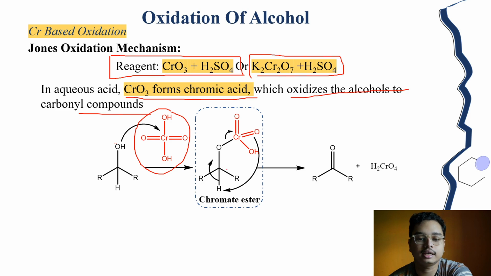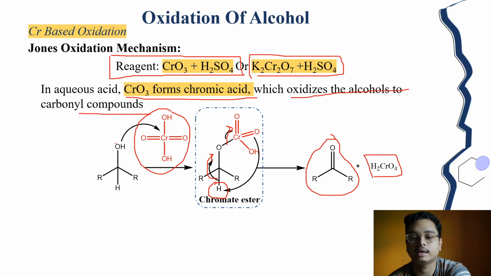After that, one of the oxygens captures this hydrogen, and this bond goes there, and the chromate ester breaks apart, the O-Cr bond breaks apart, to get this ketone compound, and H2CrO4 is the byproduct.